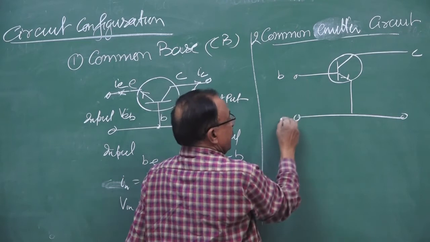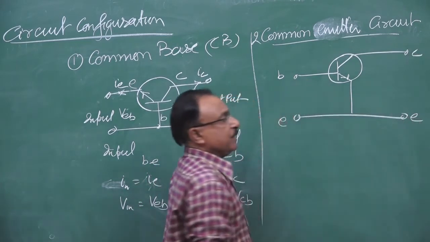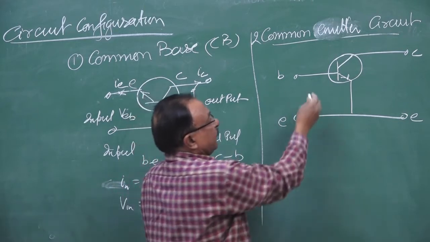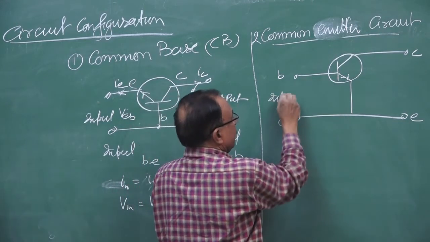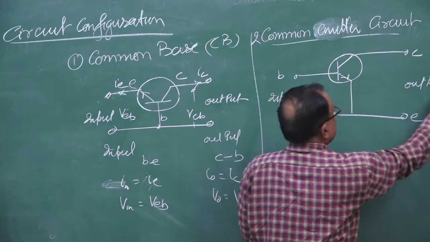Input is between base and emitter, output is between collector and emitter. This side is input, this side is output.